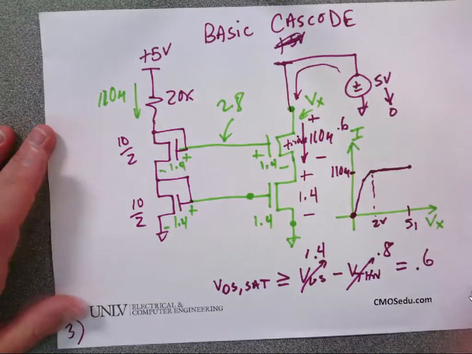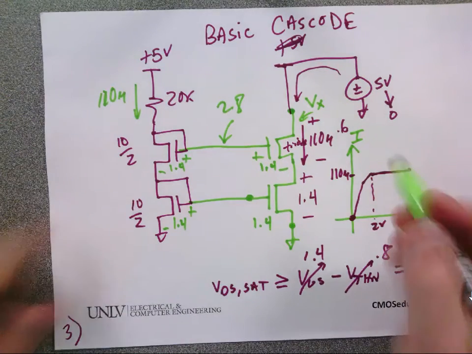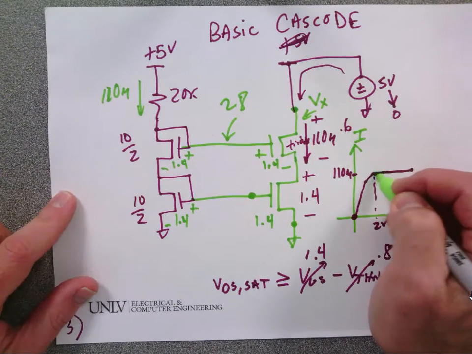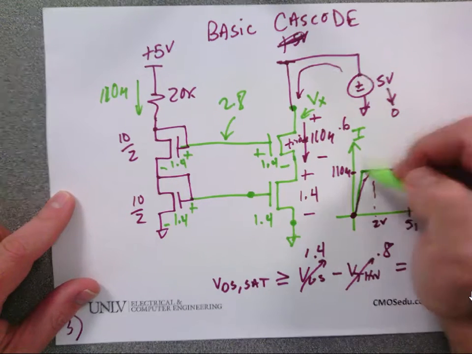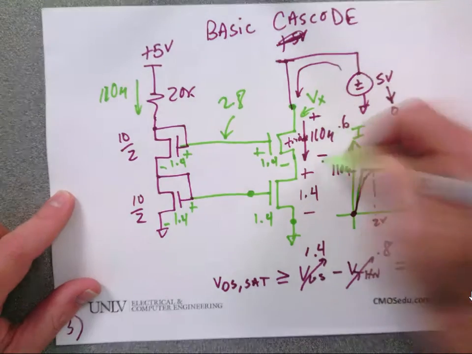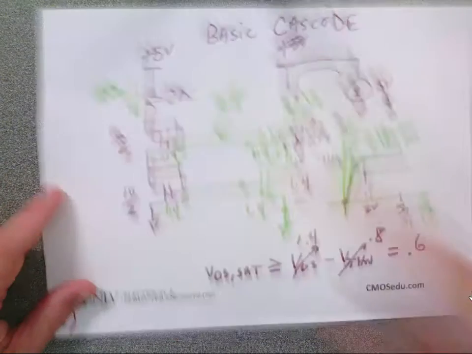I want to modify this so I get something like this. So I don't have this minimum, but instead I have a voltage here of 2 VDS sat. I want to modify the basic topology.